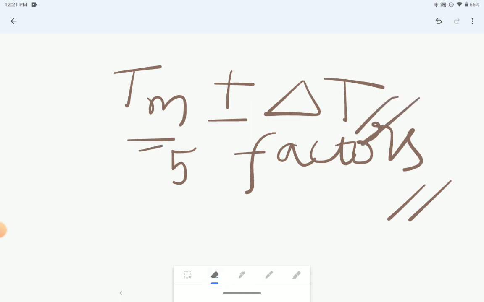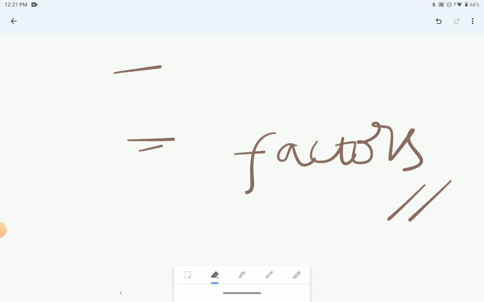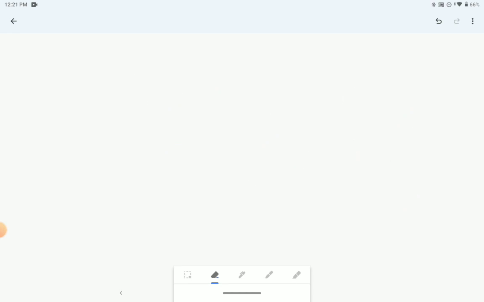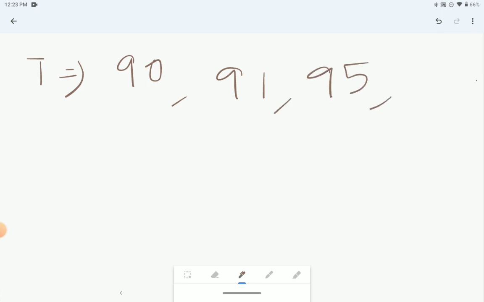So let's find out the mean value. To find the mean value, first we should know the measurements, right? The measured values of the student were 90 seconds, 91 seconds, 95 seconds, and 92 seconds.